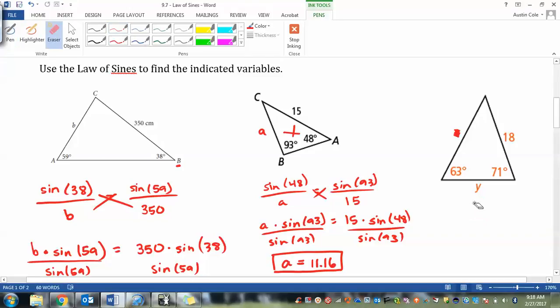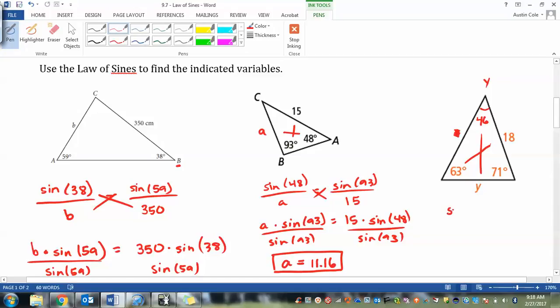All right? So if you take 180 minus 63 degrees minus 71 degrees, that will get us, I would call this angle y up there, 46. Now we can use 46 in y and 63 in 18. They've got to be across from each other.